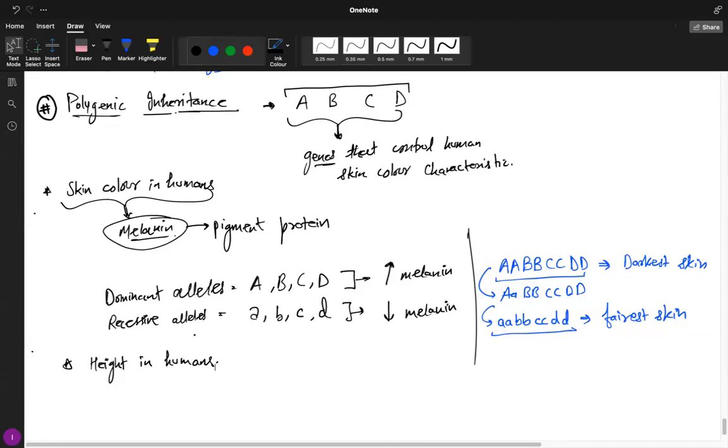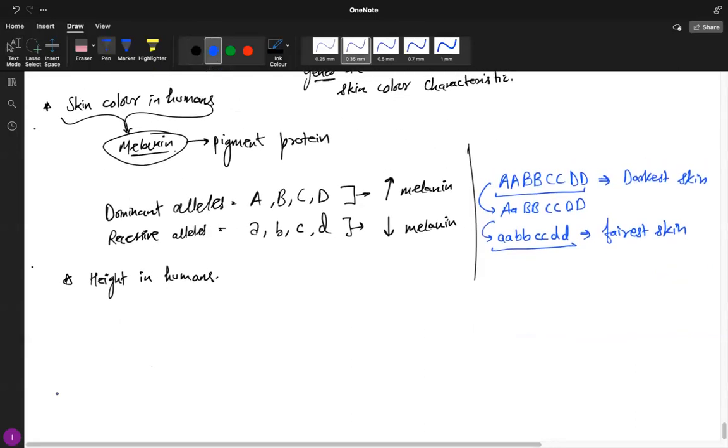Okay, think about it. I'm giving you this as homework to find some polygenic inheritances in plants and animals around you, your pets, the plants that you might have at your home, or you might have seen in fields, or you might have heard of in agriculture, etc. Okay, it's good to know that.